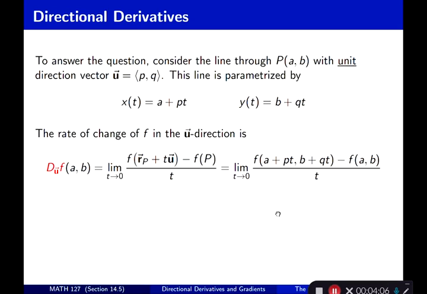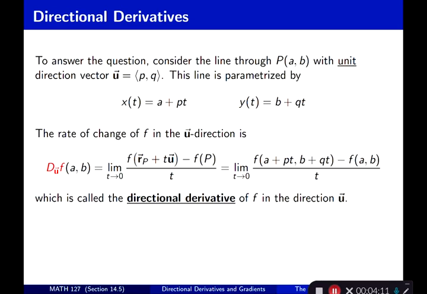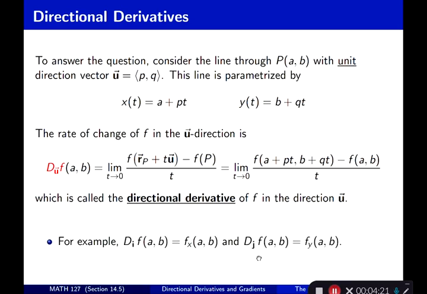We call this the directional derivative. If the function has a derivative, we call this the directional derivative of f in the direction u. For example, the directional derivative in direction i, D sub i of f at a and b, is equal to the partial with respect to x at a and b.